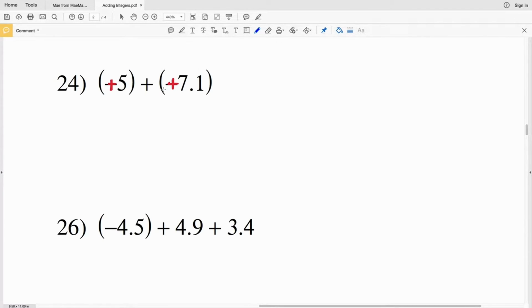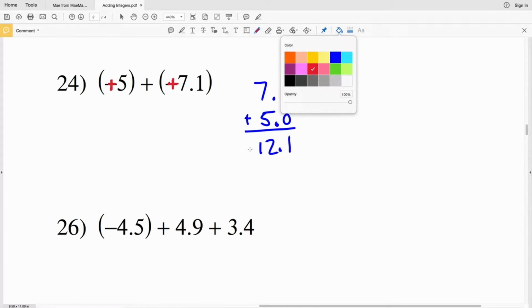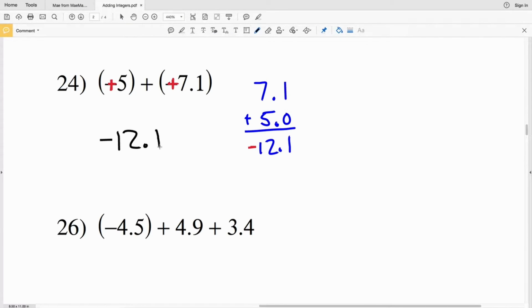And we already know that it's going to be negative, so let's just see how that works. We have 7.1 plus 5, placeholder, 1 plus 0 is 1, keeping the decimals in line, 7 plus 5 is 12. And remember, since we switched the sign in the beginning, we have to do so for the answer. So our final answer is negative 12.1.